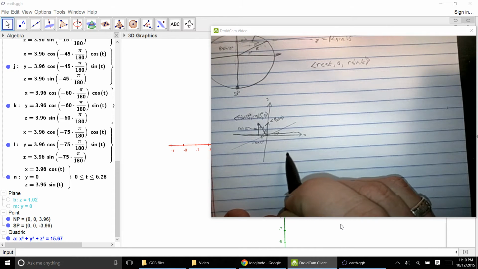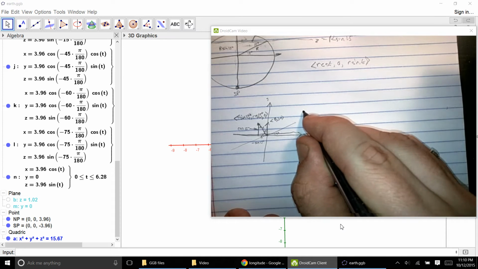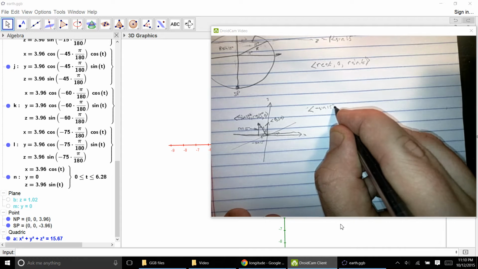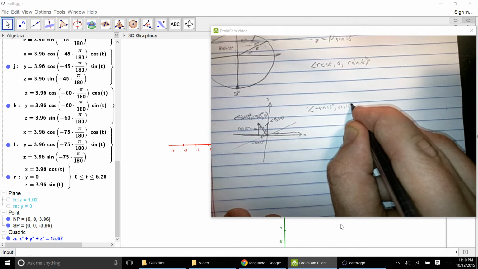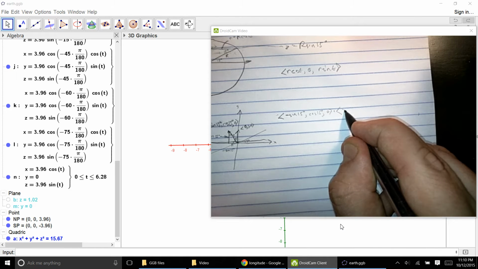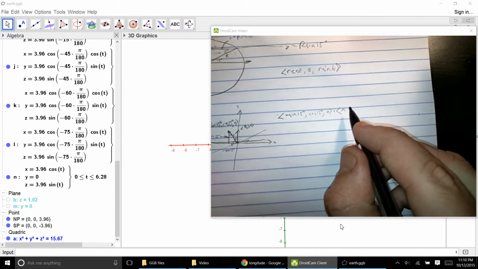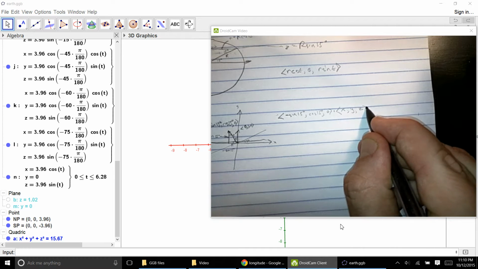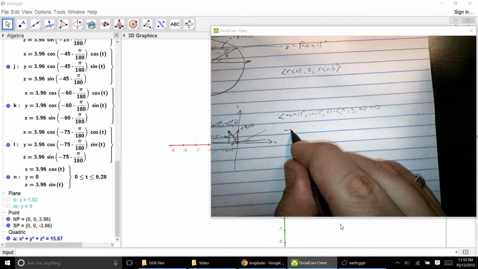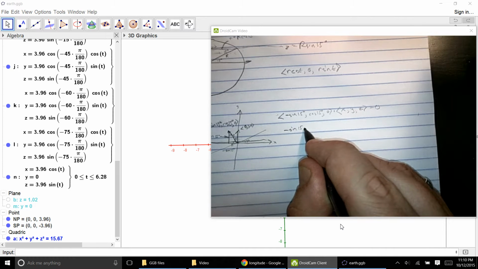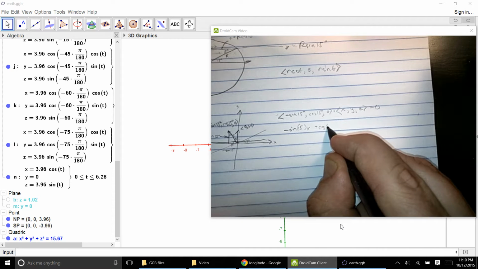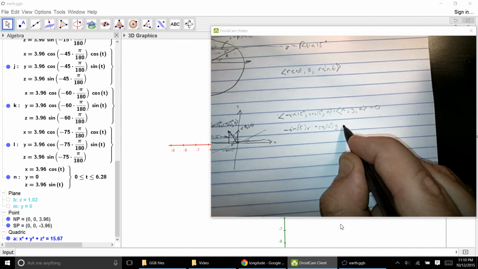So that's going to be our normal vector. We're dotting negative sine 15 degrees, cosine 15 degrees, 0 with (x, y, z) minus the origin. That's the equation of the plane. So we get negative sine 15 x plus cosine 15 y equals 0.